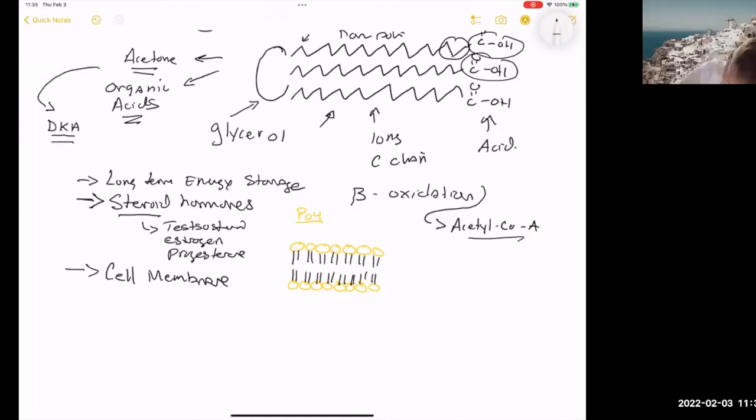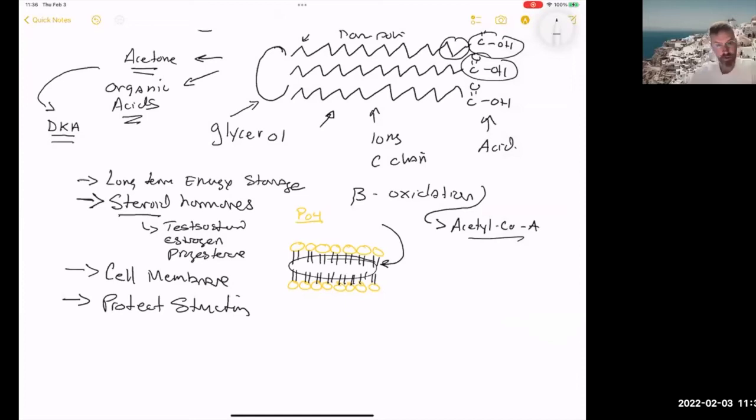And so we need fatty acids to form the phospholipid, specifically the lipid part of the cell membrane, right? Fats are also important because they can help protect different organs and structures in the body.